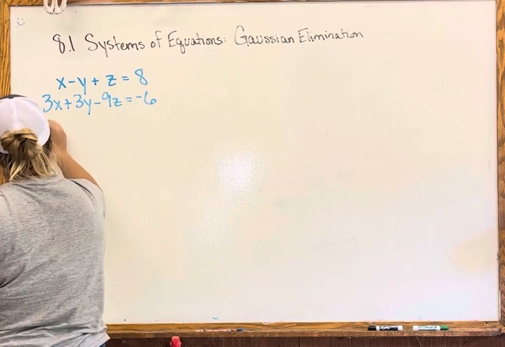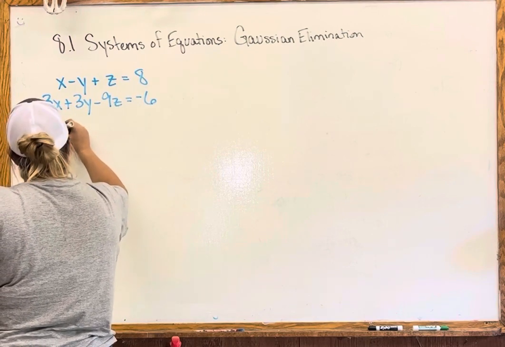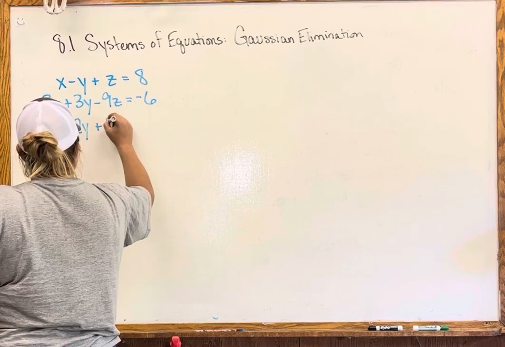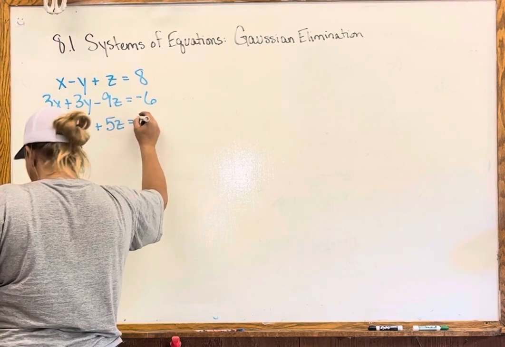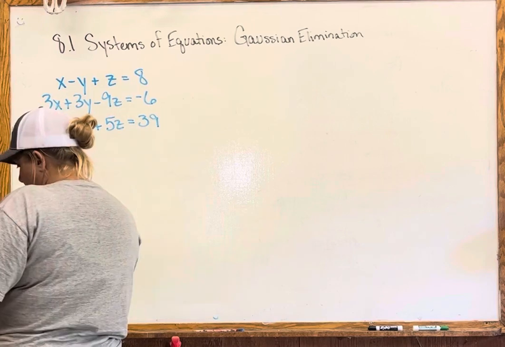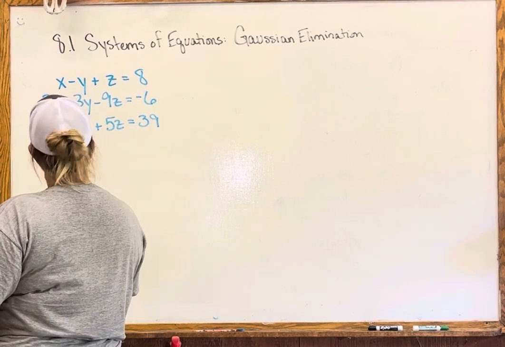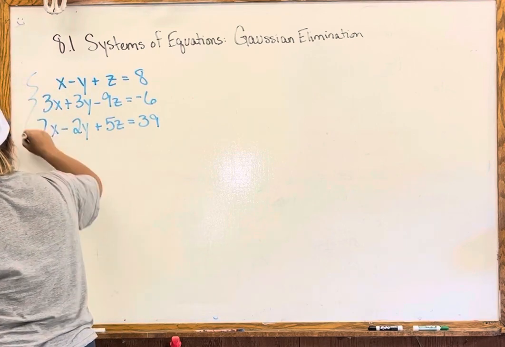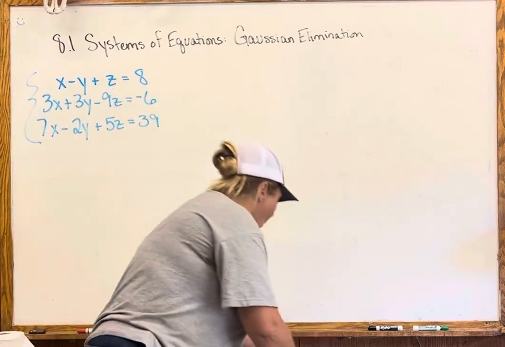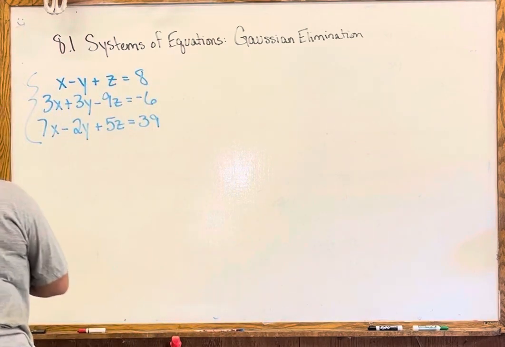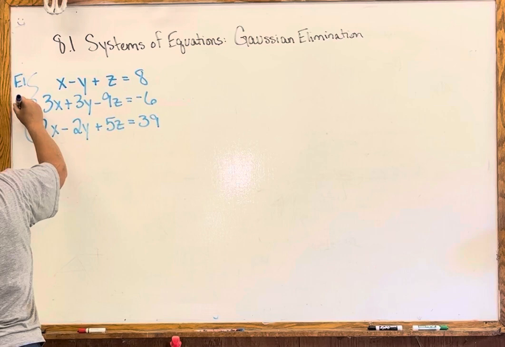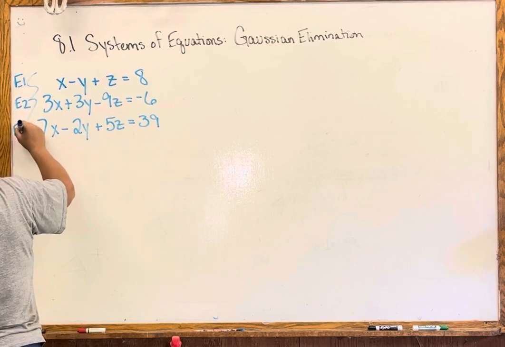Oh, and this one looks nice. 7x minus 2y plus 5z is equal to 39. And now let me just look at it to make sure I got all my plus or minus signs taken in correctly. I think we're good. Squiggly bracket here. And we're going to go E1, E2, E3.